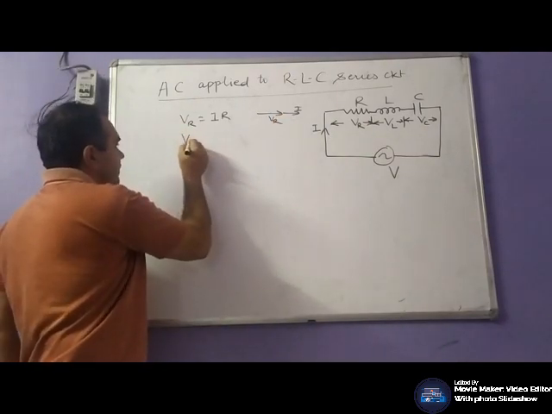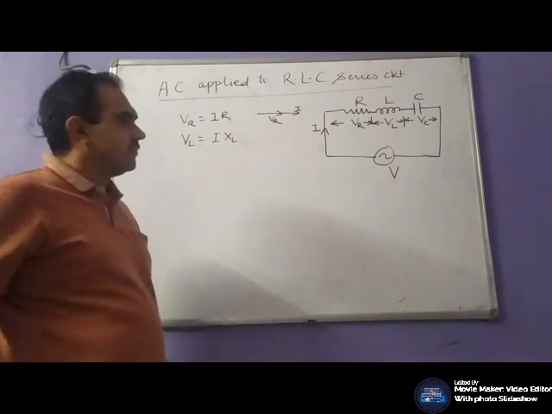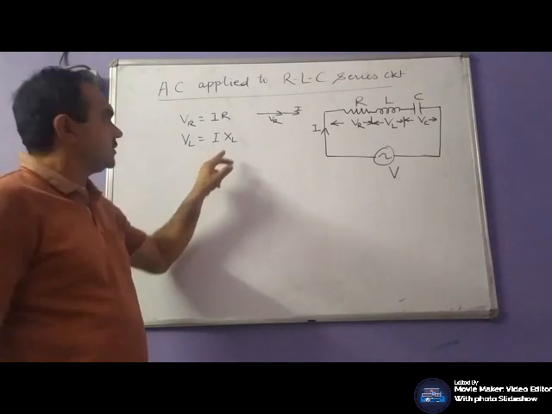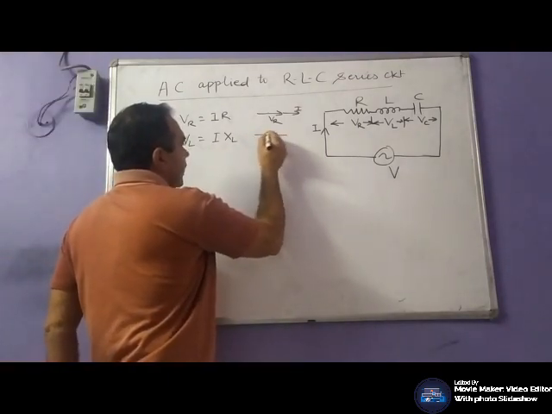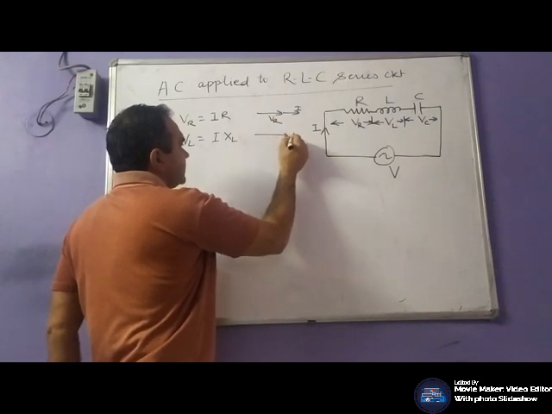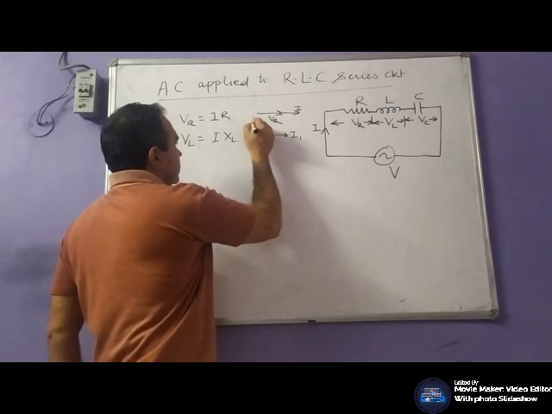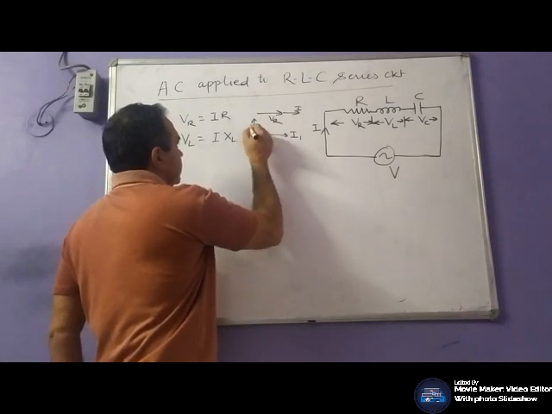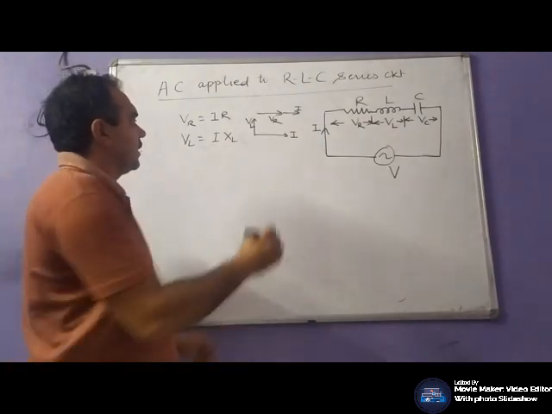Your VL is I into XL, where XL is the inductive reactance, and your current lags the applied voltage, that is this VL, by a phase angle of pi by 2.